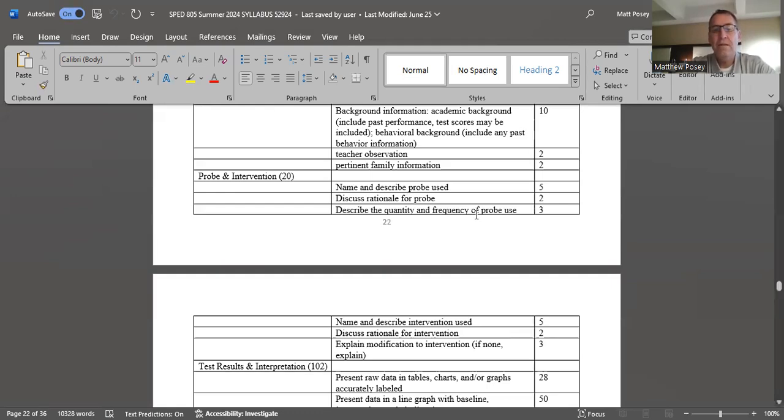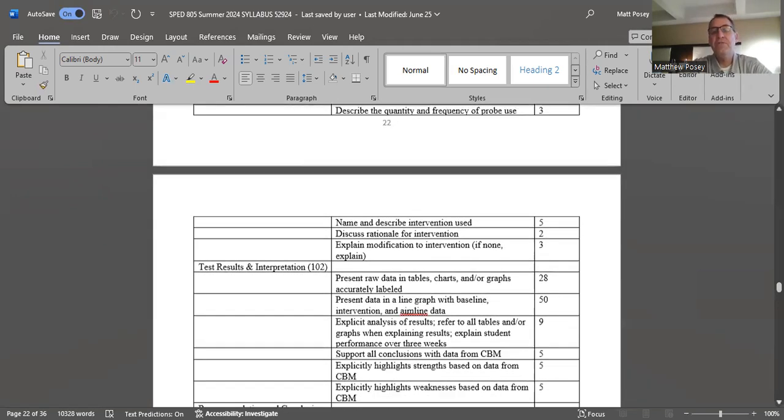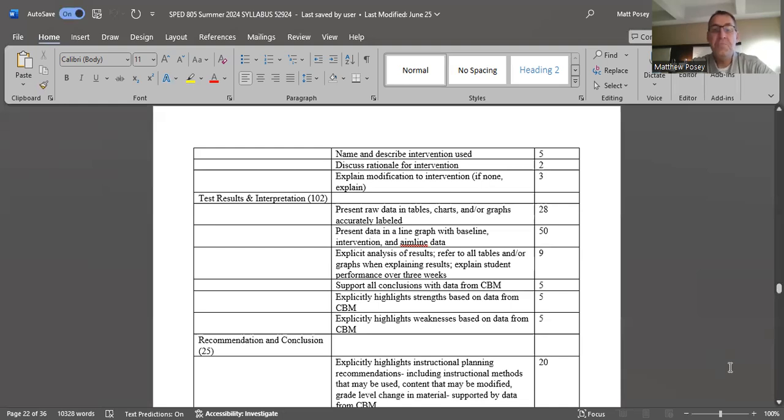Why did we select it? We want to talk about the quantity and frequency of the probe use, name and describe the intervention used, discuss the rationale for the intervention, and then explain any modification you had to use for the selected intervention, if indeed you modified it after you implemented it. You may not have, and that's fine. Just briefly explain that no modification was necessary.